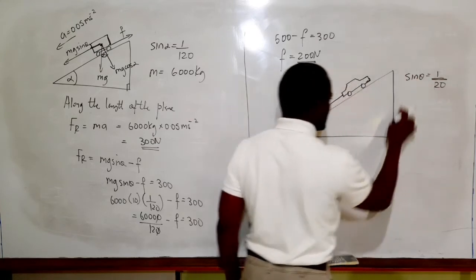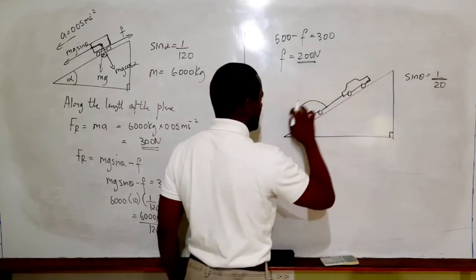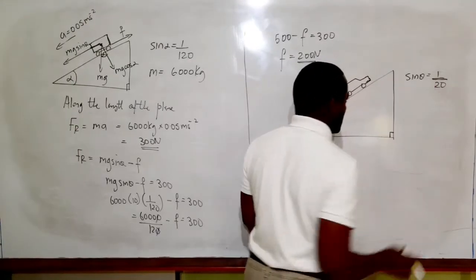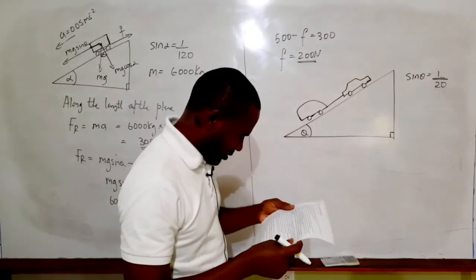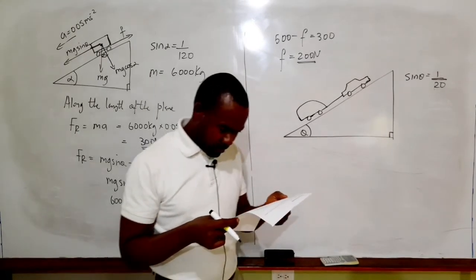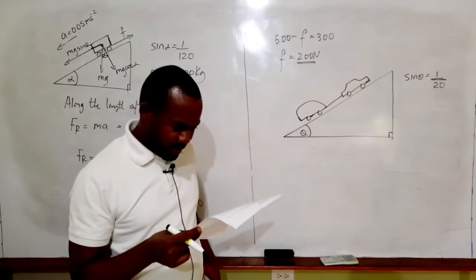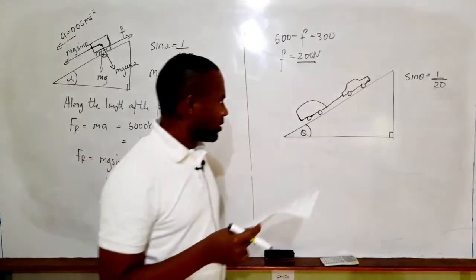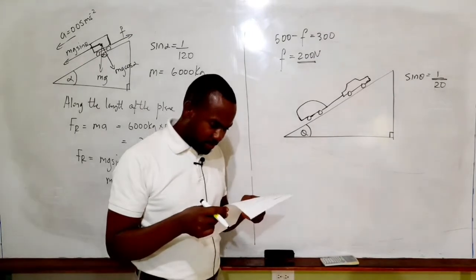So the road rises 1 meter for every 20 meters of its length. Good, right?